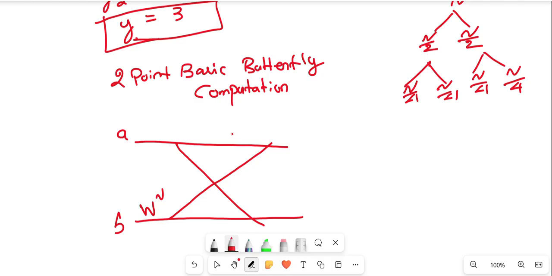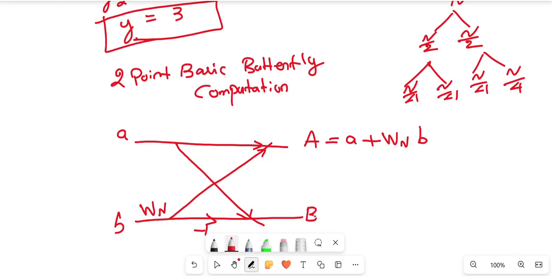So in this butterfly structure, A becomes A plus Wn times B, and B becomes A minus Wn times B. This basic computation is performed at every stage.